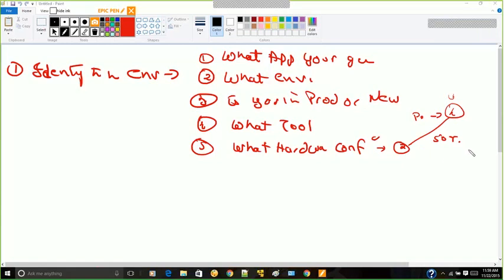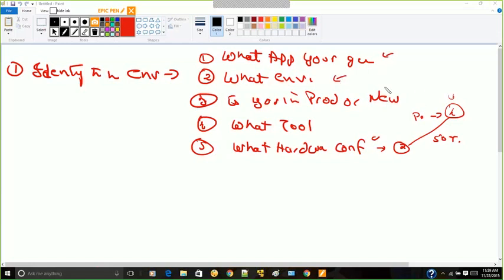Okay, fine. These are the five things that you will identify when you are working on the environment. Guys, write it down. It's very important. You are going to identify what application, and what environment you're going to work with.